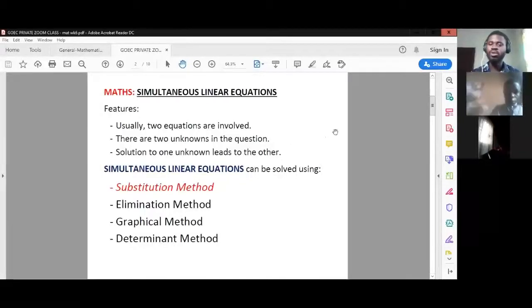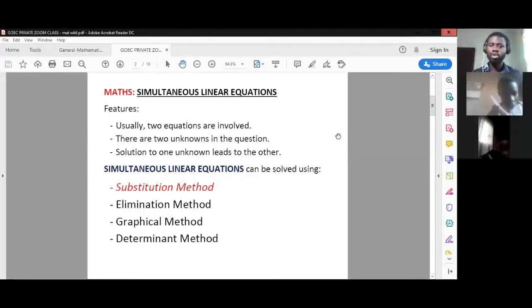And why you have two unknowns is because, in mathematics generally, if you want to solve for one unknown, you need one equation. If you want to solve for two unknowns, you need two equations. If you are solving for three unknowns, you need three equations. So the number of unknowns that you are solving for determines the number of equations you are going to have.